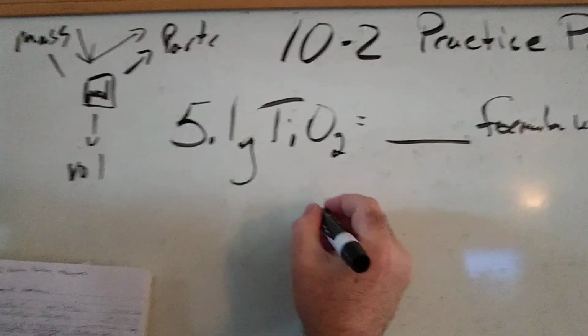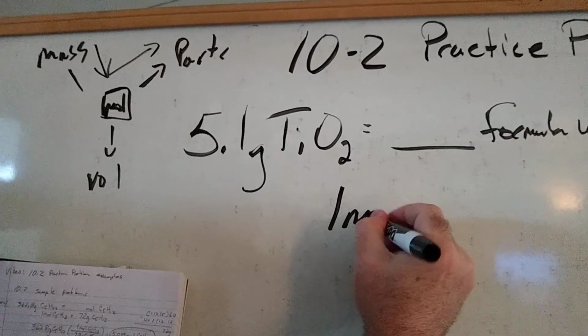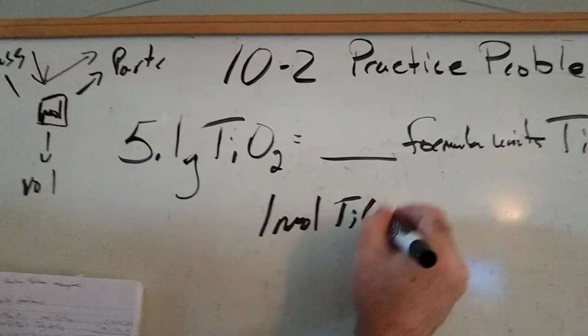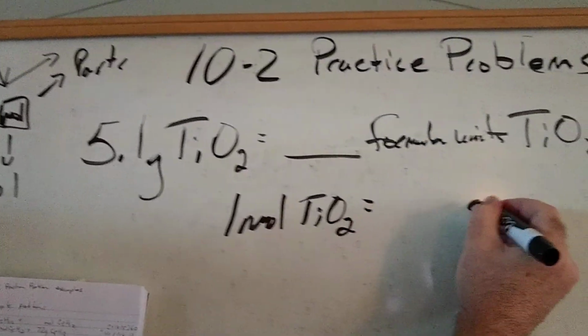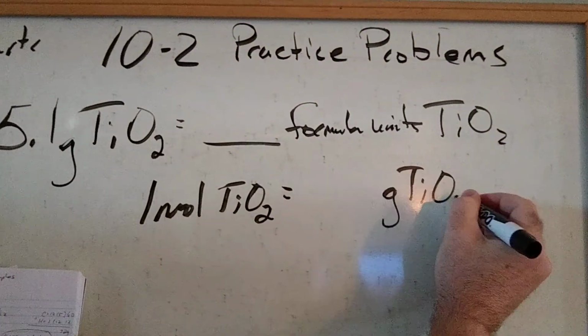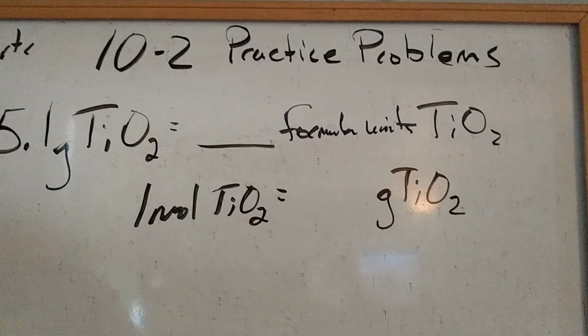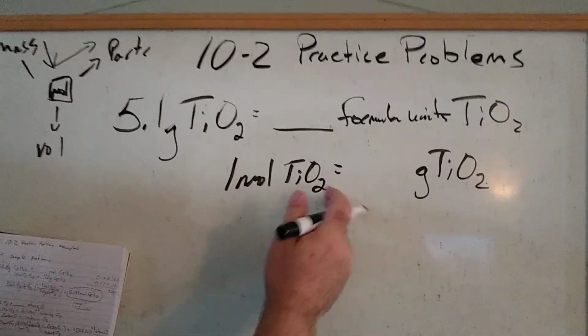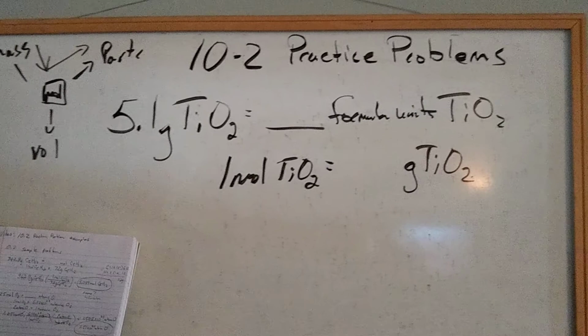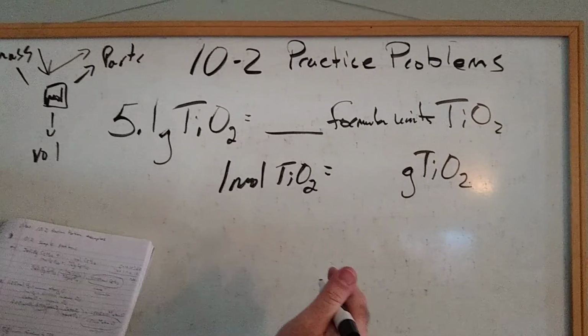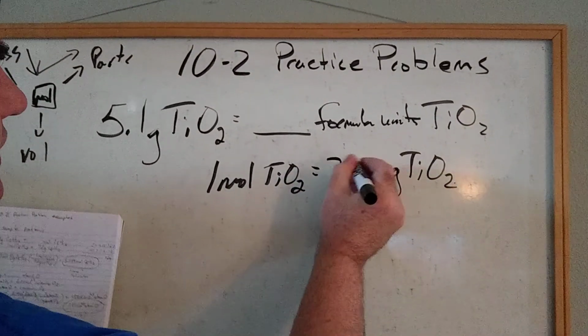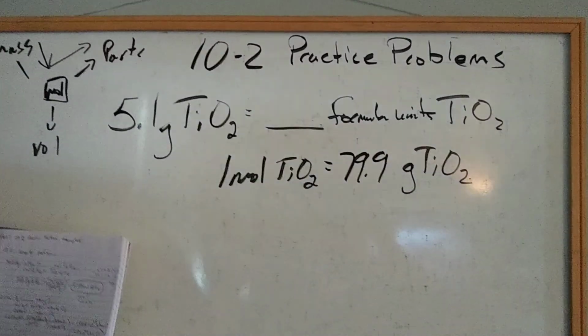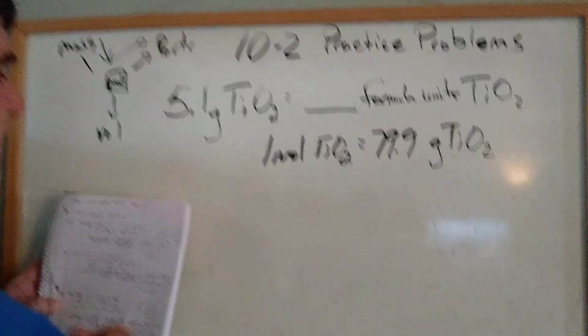So we got 1 mole of titanium 4 oxide is equal to how many grams of titanium 4 oxide? Well, I look up titanium on the periodic table, add that to 16 times 2, which is 32. This comes out to be 79.9 grams of titanium 4 oxide.